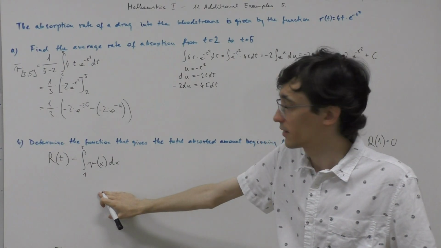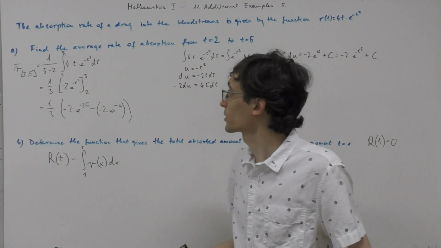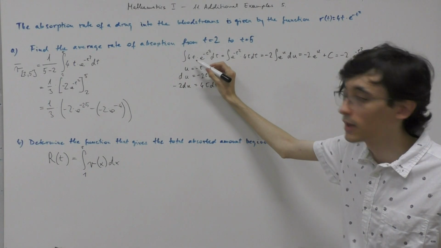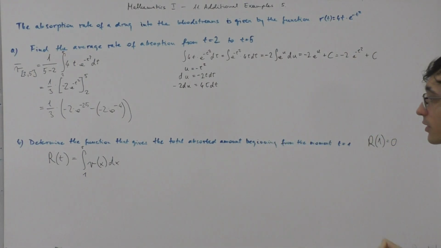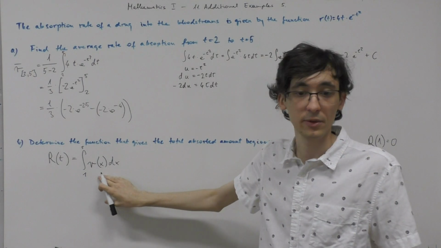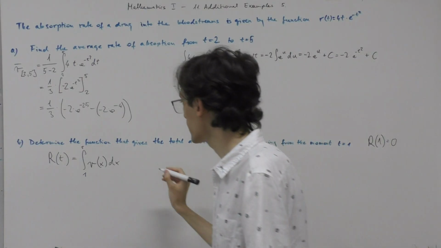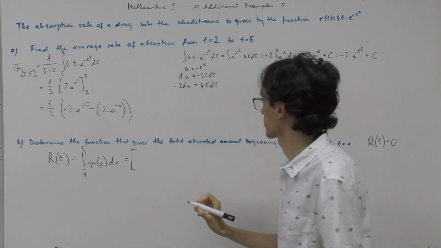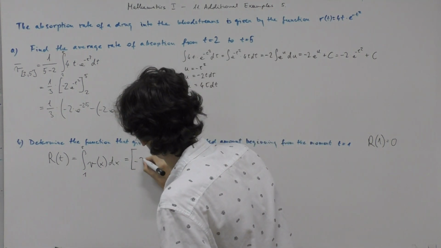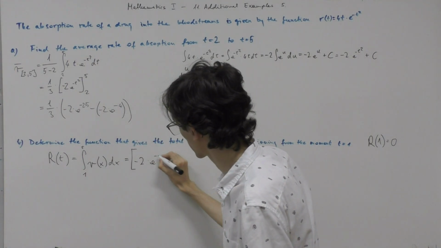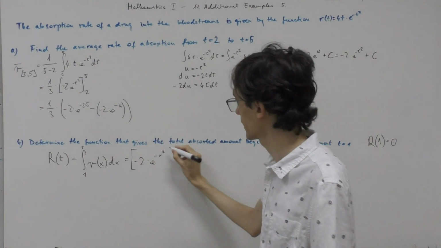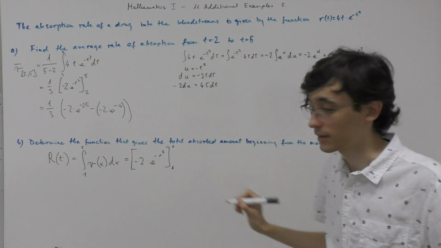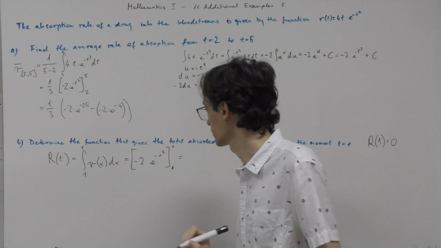And now we must find the primitive function, but in part A we already did that. But here we used the variable t to get this primitive function, so we must be careful that we use the variable x here, and this gives us the primitive function negative 2 times e to the negative x squared, and we must evaluate this function at t and 1, take the difference of these two.